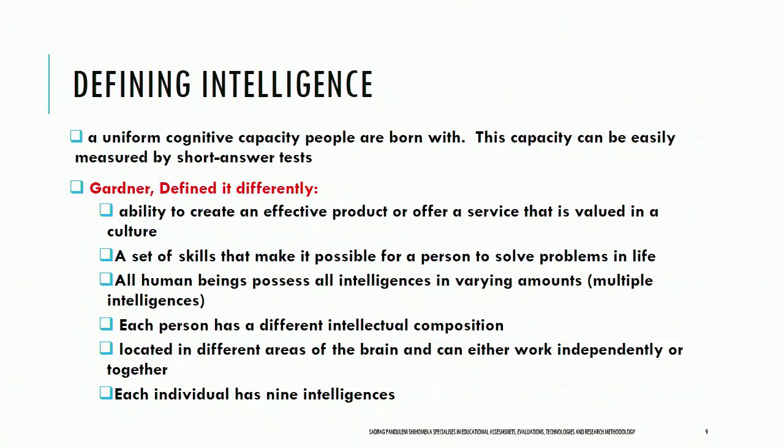But there are people who disagreed with such definitions because they are saying all people, regardless of their gender, regardless of their age, possess multiple intelligences. It just depends on which of those intelligences plays a major role, or which one is more dominant than the other types of intelligence.